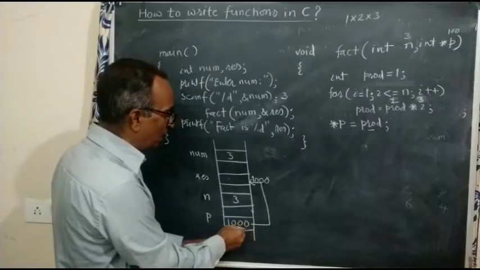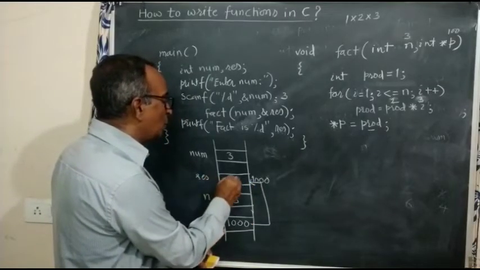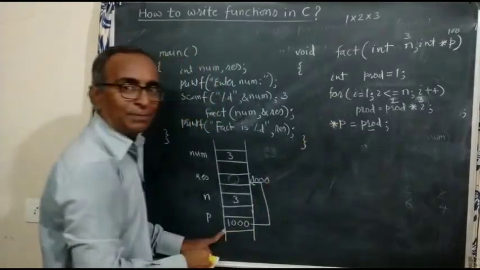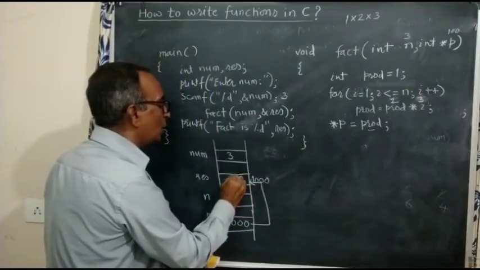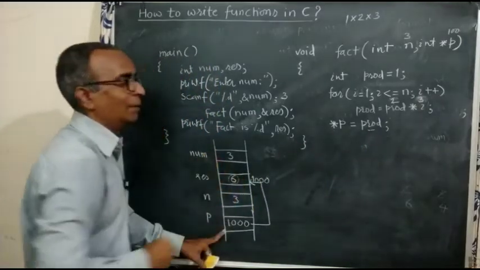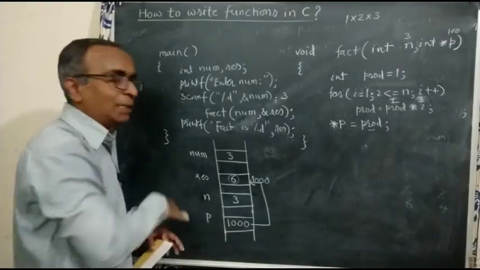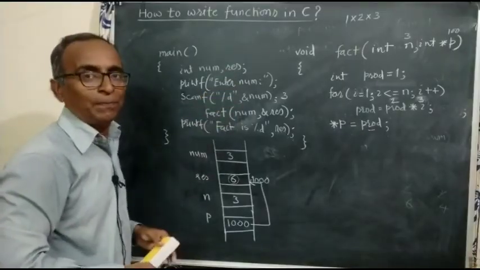So indirectly you are changing this location in main. So here product is given to star P, means product will be given back here. There is no explicit returning here.